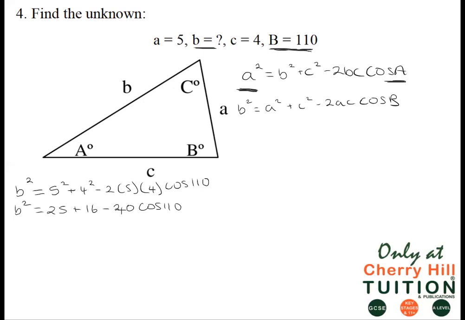Okay, so again, let's simplify this. 25 plus 16 will give us 41. And then we have minus 40 cos of 110. And now all we need to do is find our value of minus 40 cos 110.